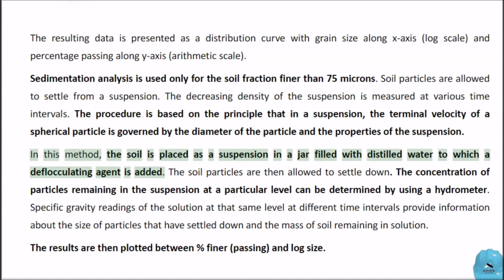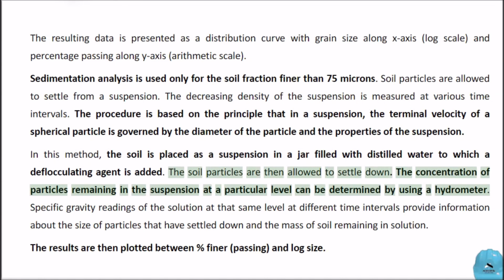In this method, the soil is placed as a suspension in a jar filled with distilled water to which a deflocculating agent is added. The soil particles are then allowed to settle down.